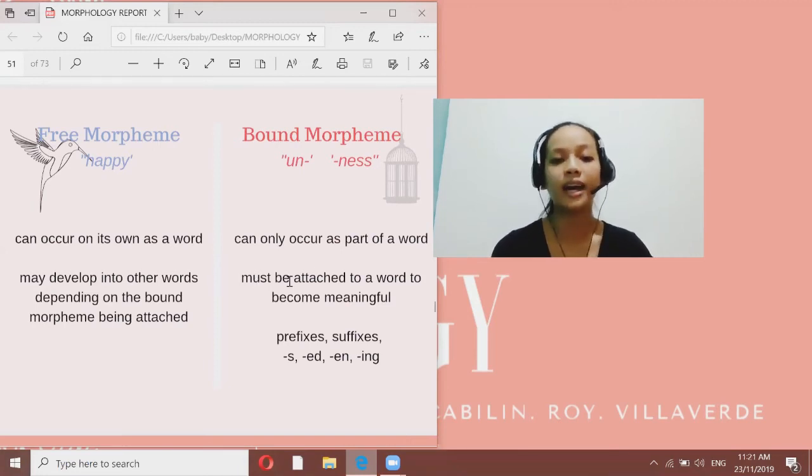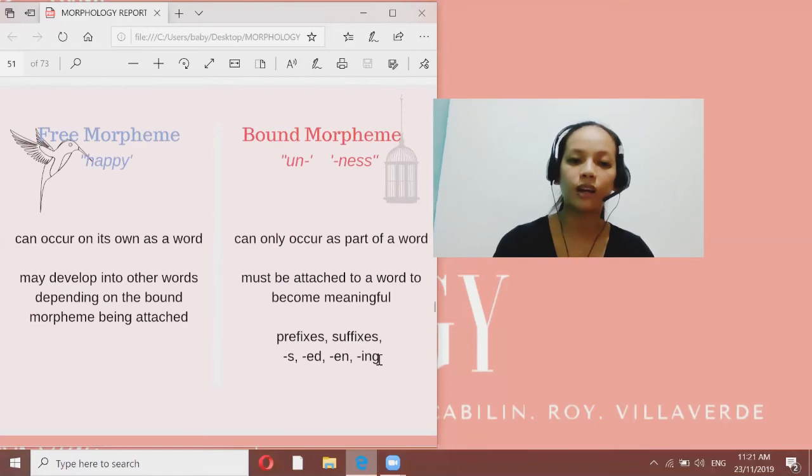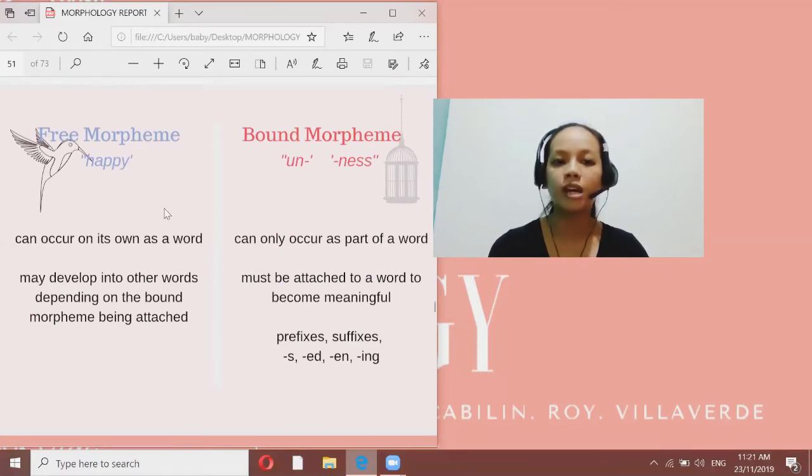It must be attached to a word to become meaningful. Okay, so this bound morpheme includes all of the prefixes, the suffixes, and s, ed, en, and ing. Without a free morpheme, they will not have meaning, or they will not become meaningful.